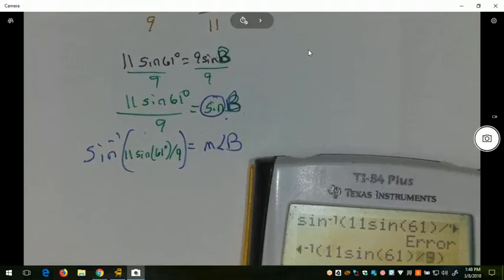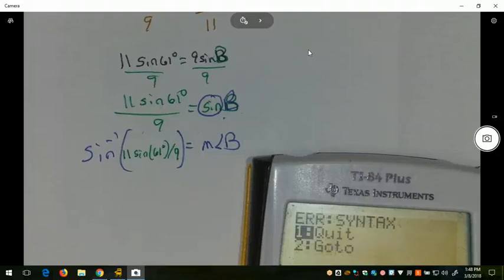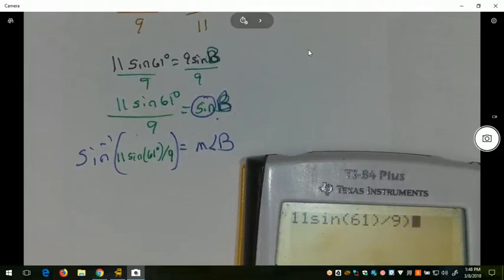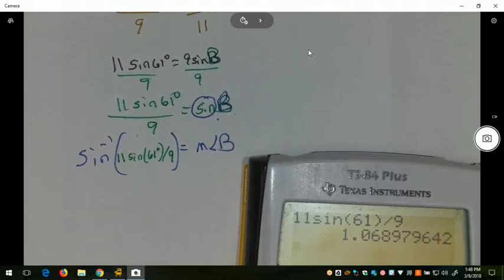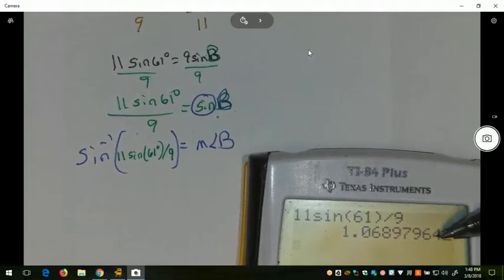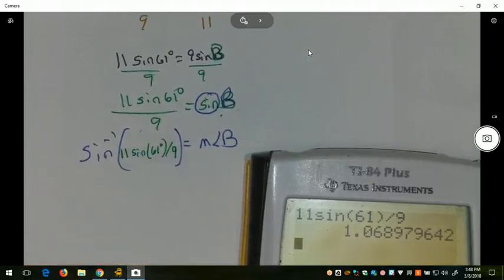Let me do this without the sine inverse. Sine of 61, 11 times sine of 61. This is 1.06. Just this ratio right here is 1.06. Remember from your unit circle the maximum and minimum values of sine.